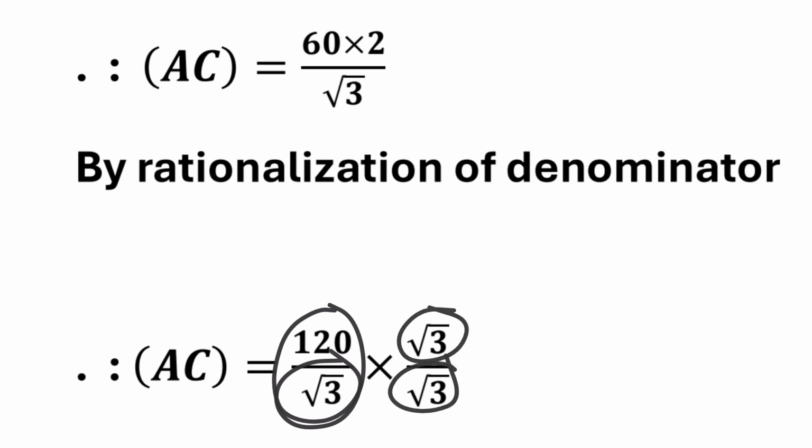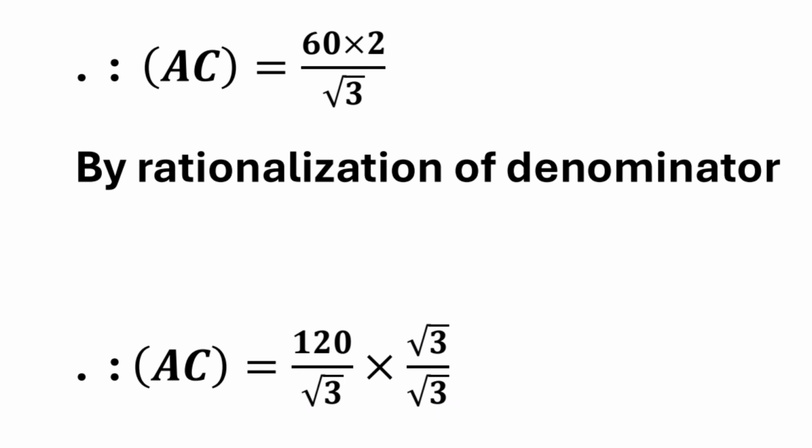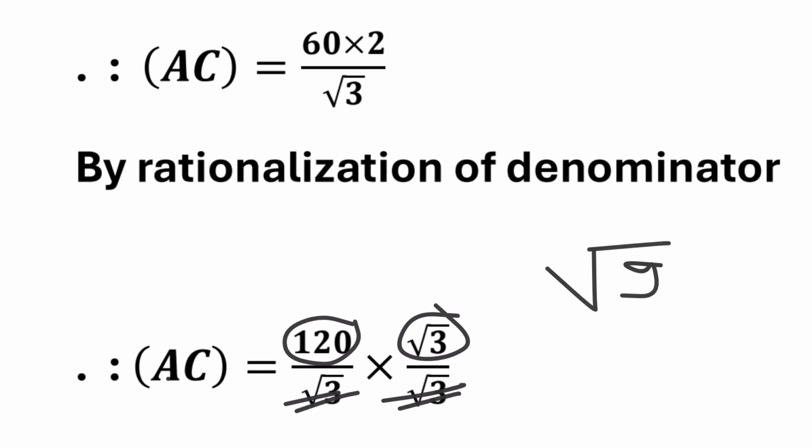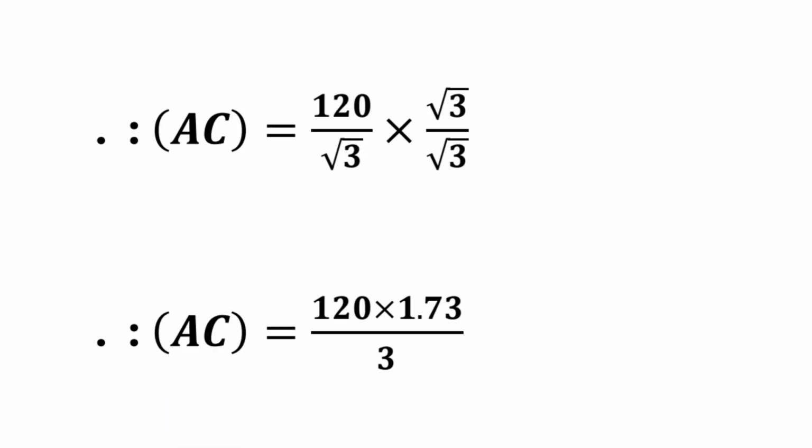That is rationalizing factor, means irrational number root 3 we convert into rational number 3. Therefore, look here, AC is equal to 120 into root 3 upon root 3 into root 3. Now root 3 into root 3 means root 9 is equal to square root of 9 is 3.